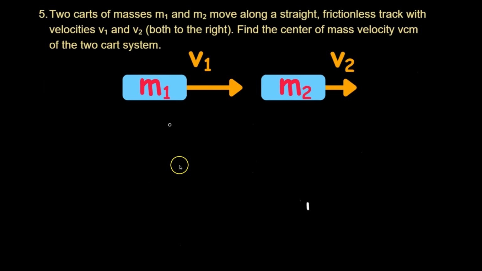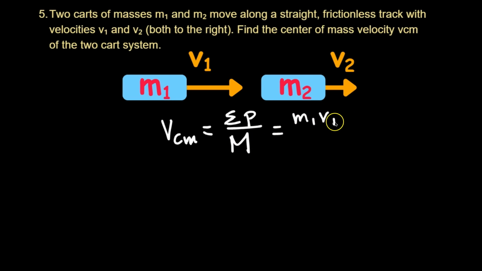directions. Question 5. Two carts of masses m1 and m2 move along a straight, frictionless track with velocities v1 and v2, both to the right. Find the center of mass velocity, vcm, of the two-cart system. The center of mass velocity is equal to the total momentum divided by the total mass.